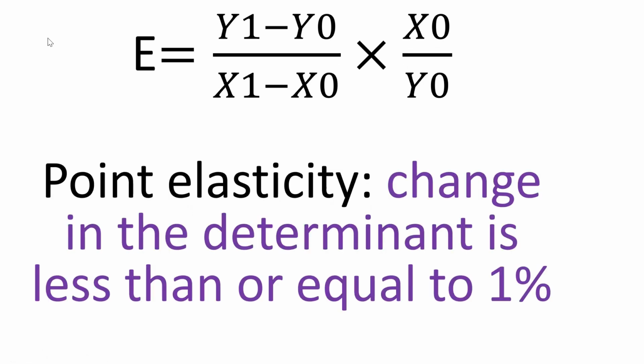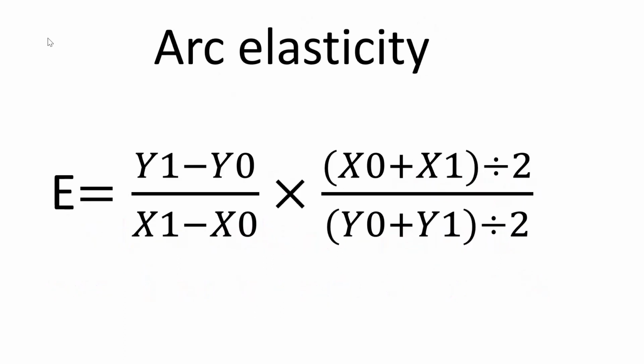As I said, when the change in the determinant is less than or equal to 1%, then we use the point elasticity formula. If it is more than 1%, then we have to resort to the arc elasticity. For the arc elasticity, we express the percentage change in terms of the midpoint. The midpoint is to add the old and new value and divide by 2.